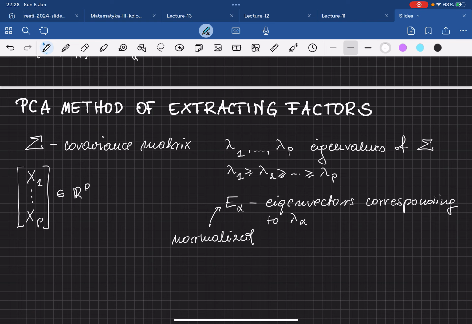Those initial variables x are treated as orthogonal in Rp because they correspond to the canonical basis on Rp. And also those E alphas can be taken normalized with respect to the scalar product in Rp.